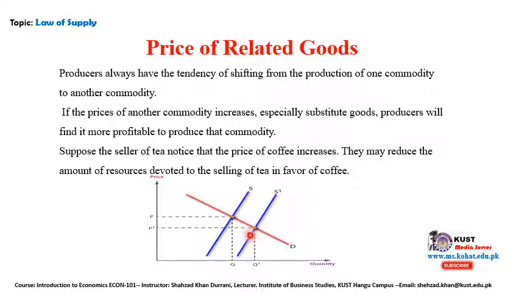So you can see, if he's switching to another product, there will be a shift. He is actually shifting the supply curve, and because of that, he would increase the supply, as you can see, an increase in the supply here. And because of that, the quantity demanded, which has an inverse relationship with the price, would decrease.